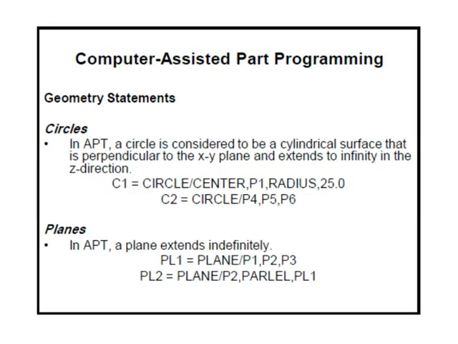Similarly, for defining the circle geometry, C1 is equal to circle slash center of P1 of radius 25. Similarly, C2 is equal to circle slash P4 comma P5 comma P6. Similarly, for a plane, it can also be defined like this.